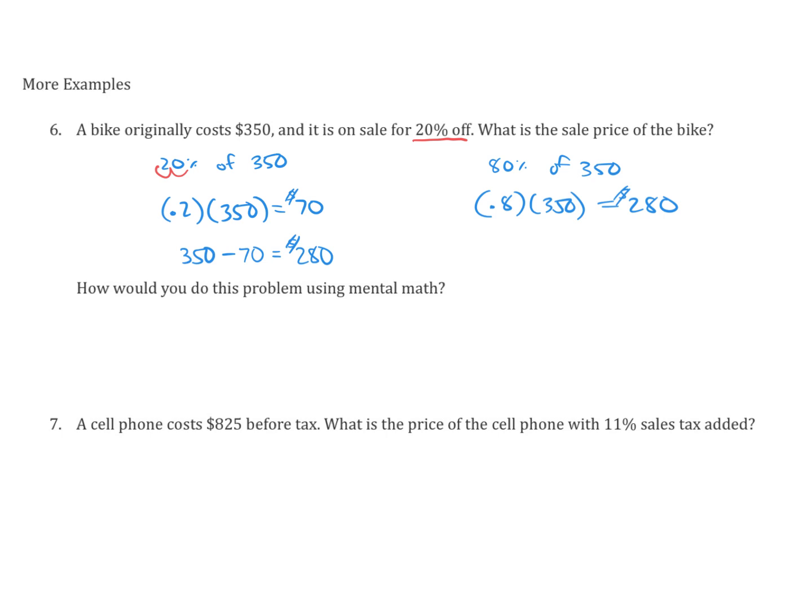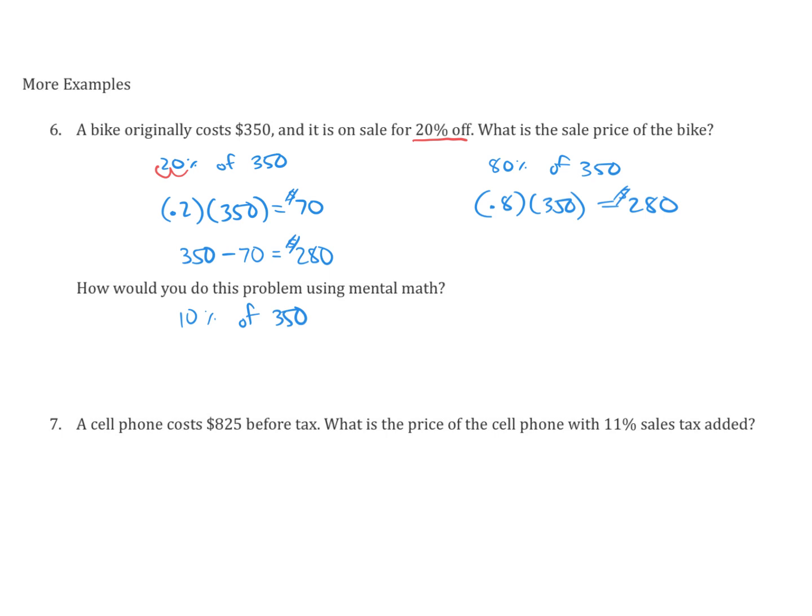Now, a mental math way to do this, because often when we're in a store and we want to find a discount, we don't have a calculator with us, although you might on your phone. But if you wanted to challenge yourself to do it with mental math, to find 20% of a number, you could first find 10% and then double it. And to find 10% of 350, you just move the decimal one place to the left.